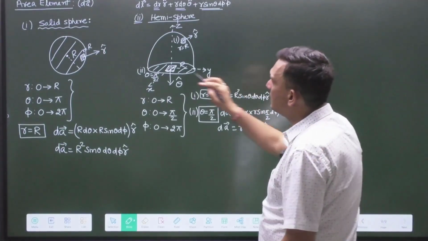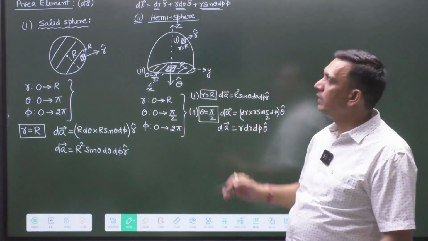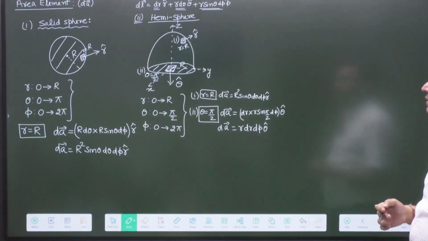Hemisphere. So these are all parts of a sphere. When you have a sphere or part of a sphere, you can specify r, theta, phi, and you can write on different surfaces what the area element will be.